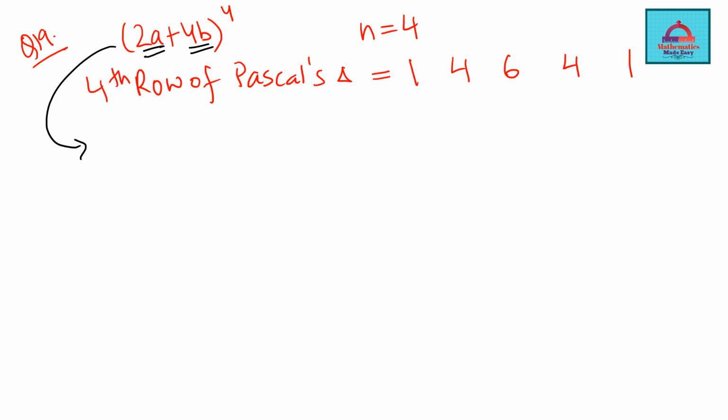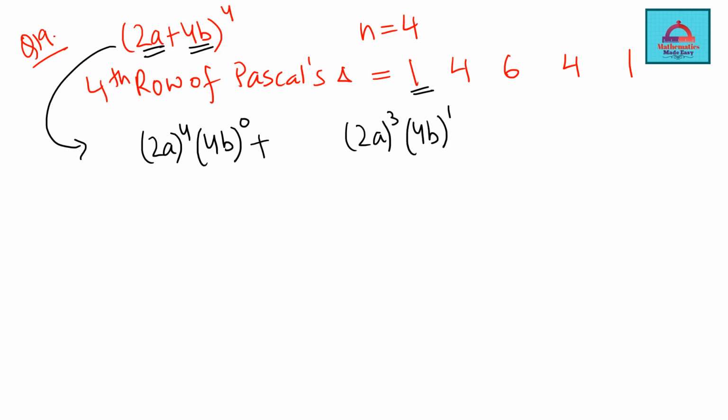So the first term will have 2a to the power 4, 4b to the power 0. What is the coefficient? 1. So we will replace it in some time. Next term is going to be 2a, power reduces. For 4b it increases. Next term 2a square, 4b square, and make sure at each step the sum is always 4.